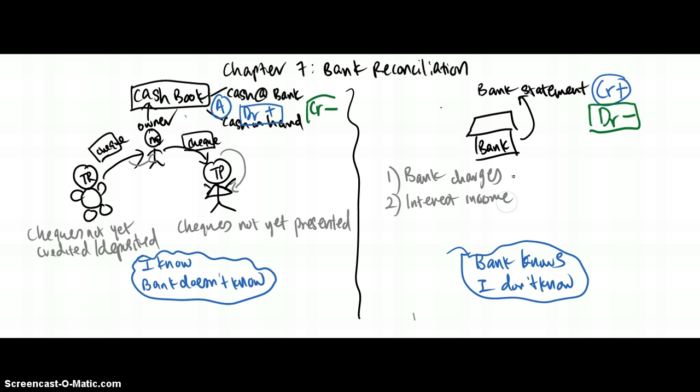Likewise, the bank isn't going to call you up to tell you, hey, you have just gotten $1 for interest income because you've put in so much money in the bank account. They are not going to do that, because it's just not practical. So these things you will only see when the bank statement comes.